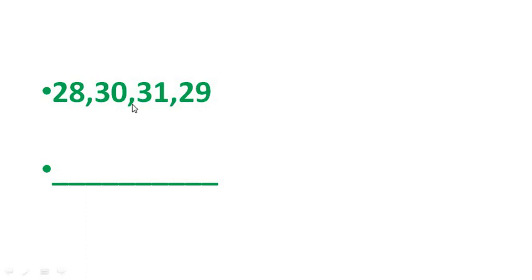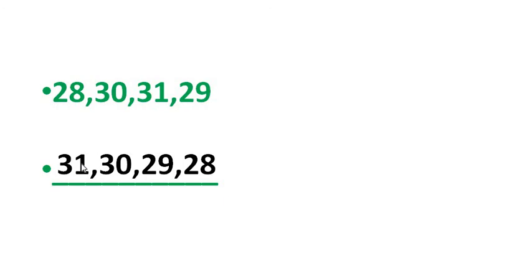In descending order, we have to write the biggest number among the given numbers first, which is 31, then 30, after that 29, and at last the smallest among all, 28. Look, 31, 30, 29 and 28. We have arranged these numbers as per descending order, biggest to smallest. Okay?